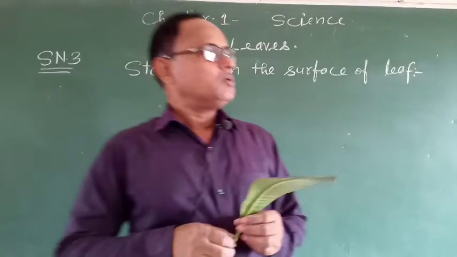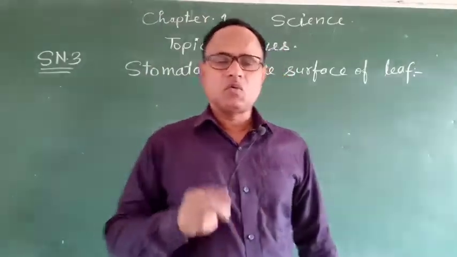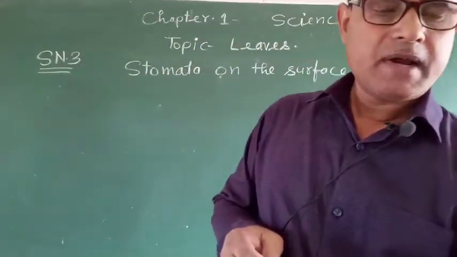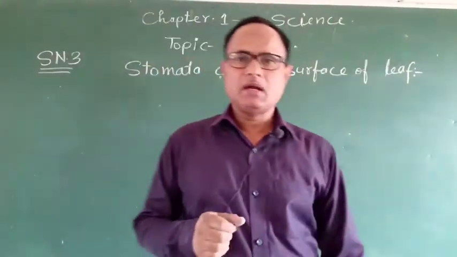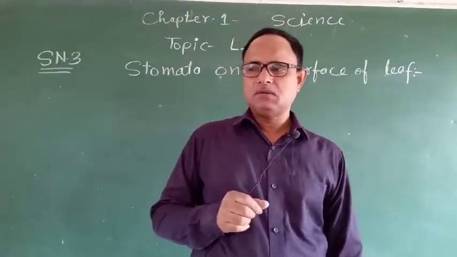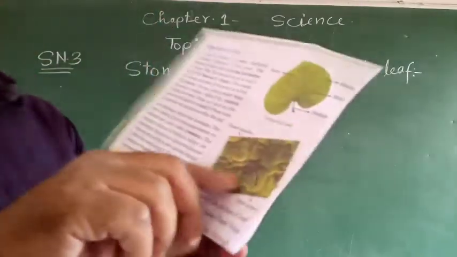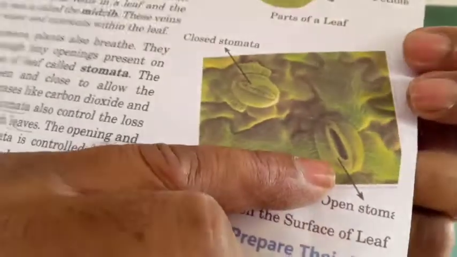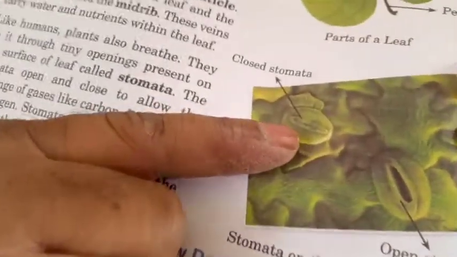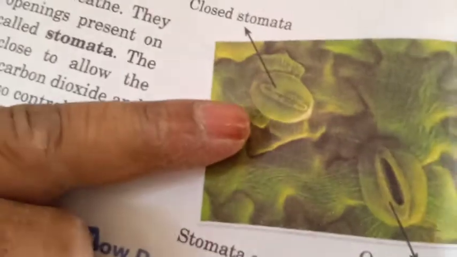And you know that stomata are of two types: open stomata and closed stomata. Okay? Here see, this stomata shape is open, and here the stomata shape is closed.